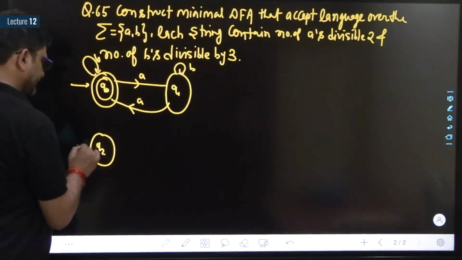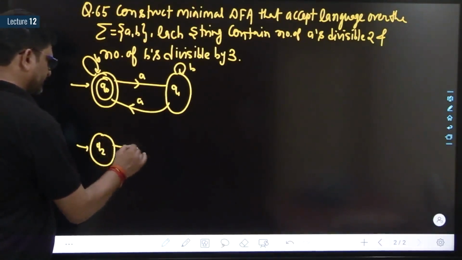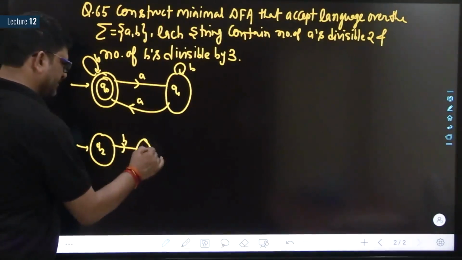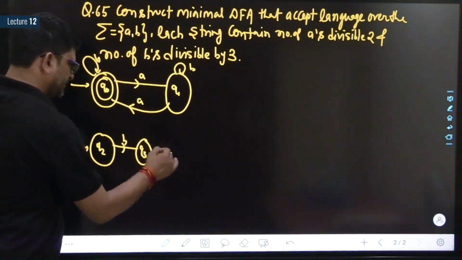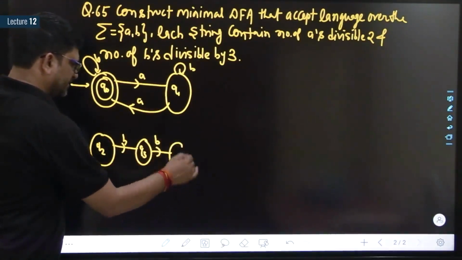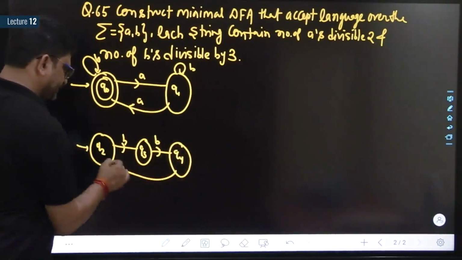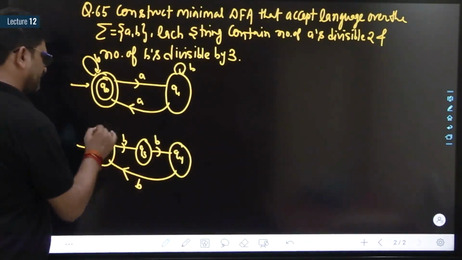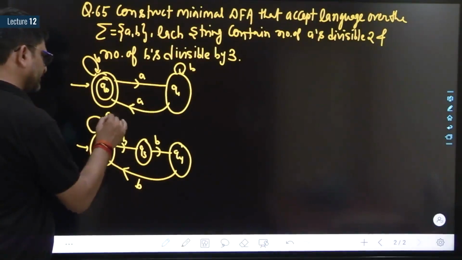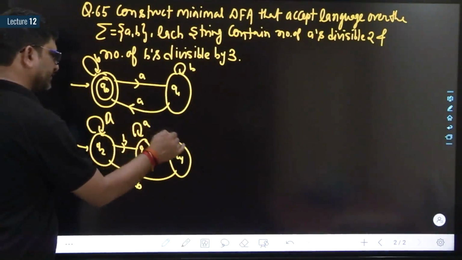Q2, on B Q3, on B Q4. This is the number of B's divisible by 3. Okay.